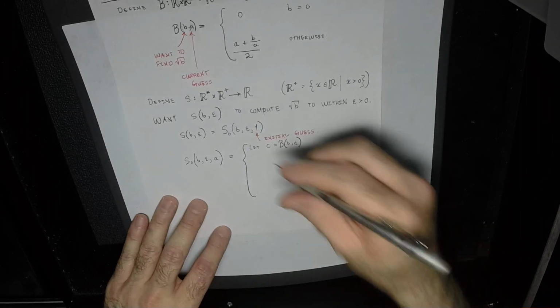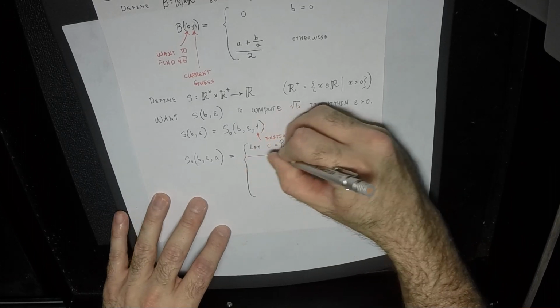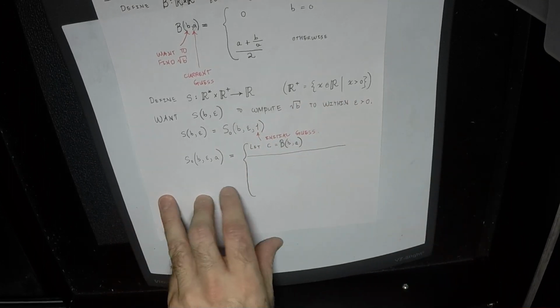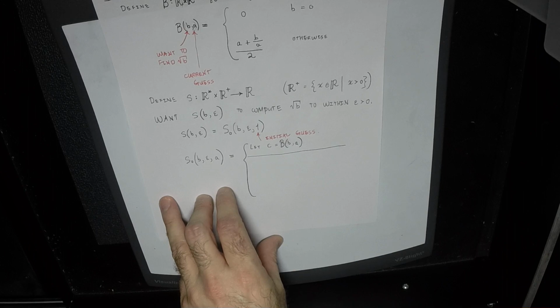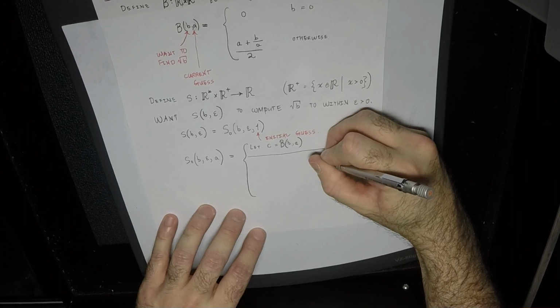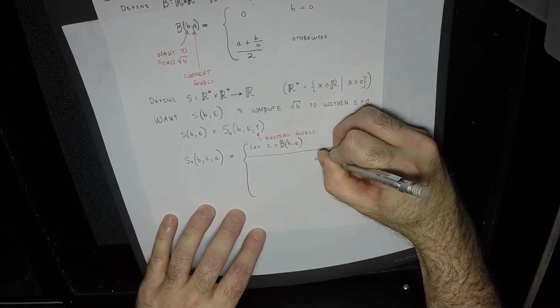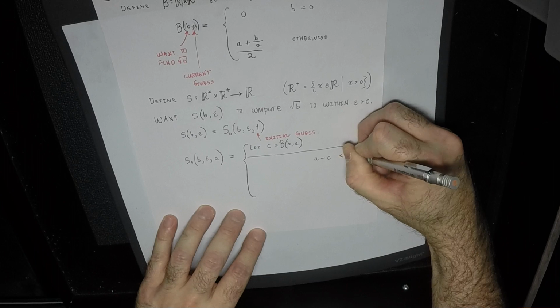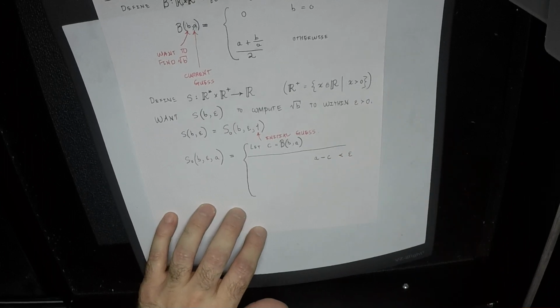So this is something for all clauses. So how can we tell that we're done? A minus c. Okay, so the current guess minus the next guess less than epsilon. So you're saying that's how we tell when we're done?